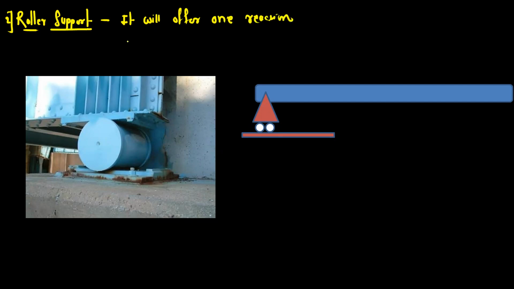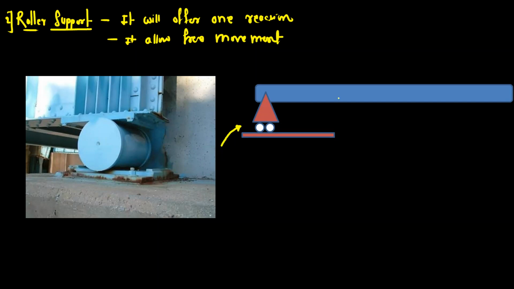And it allows the free movement. So this is the representation for the roller support when you draw the free body diagram.